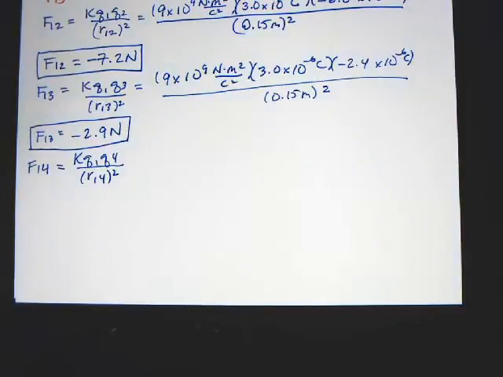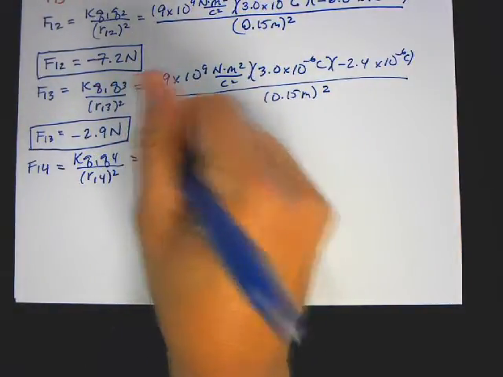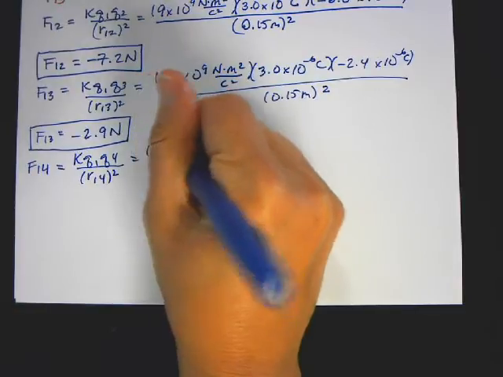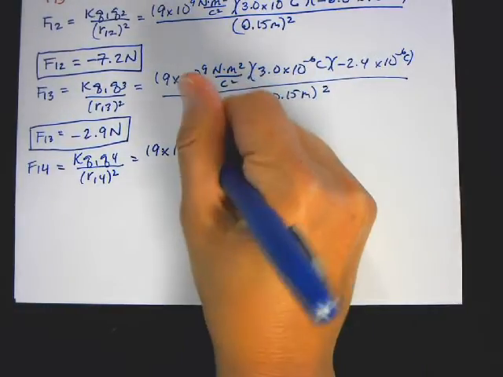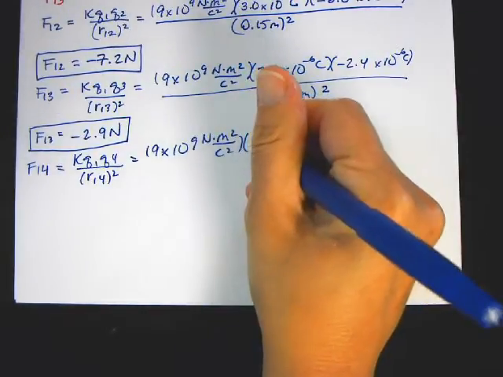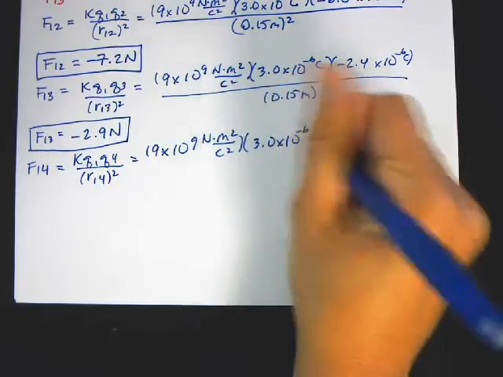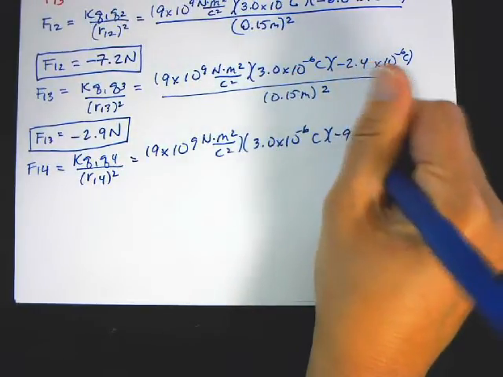So that's equal to 9 times 10 to the 9 Newton meter squared per Coulomb squared times 3.0 times 10 to the negative 6 coulombs times negative 9 times 10 to the negative 6 coulombs, all over 0.12 meters squared.